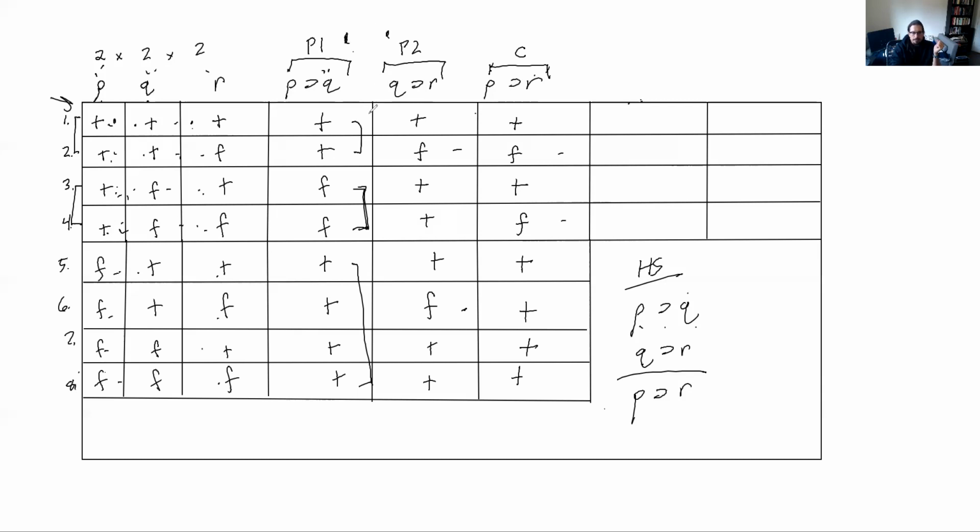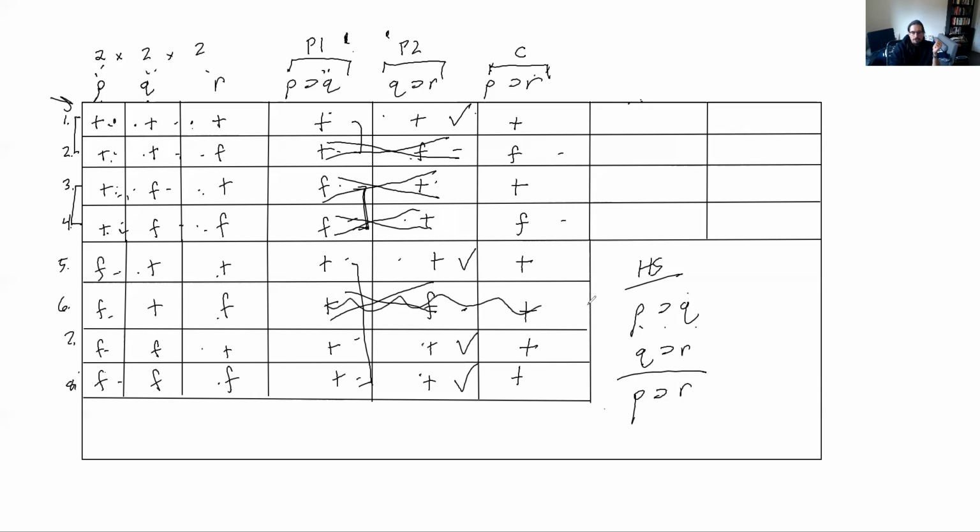So just looking at the premises, true, true. Yes, we care about this. True, false, no, we don't care about this one. False, true, we don't care. False, true, we don't care. True, true, we care. True, false, we don't care. True, true, we care. True, true, we care.